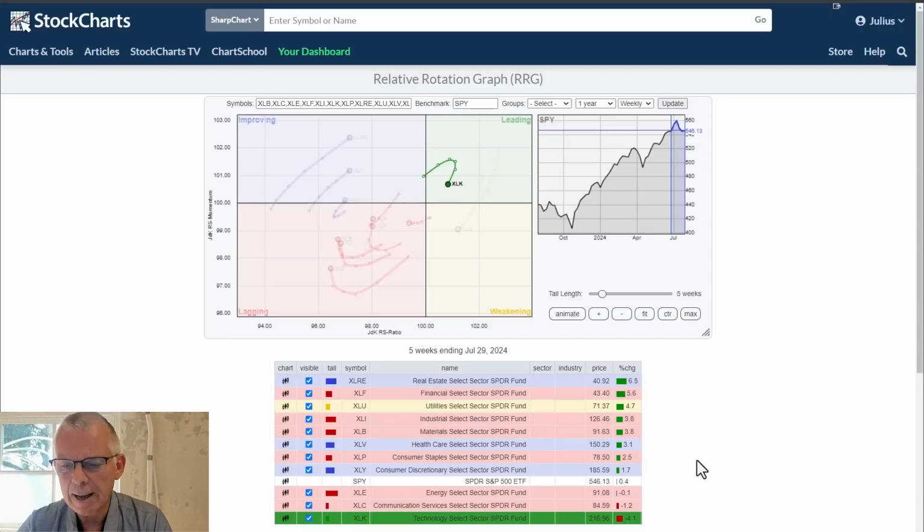Anyway, the conclusion with regard to seasonality is that the current rotations are not aligning with seasonal tendencies as we have seen them. So that leaves us with very little or no trading opportunities from a seasonal perspective.